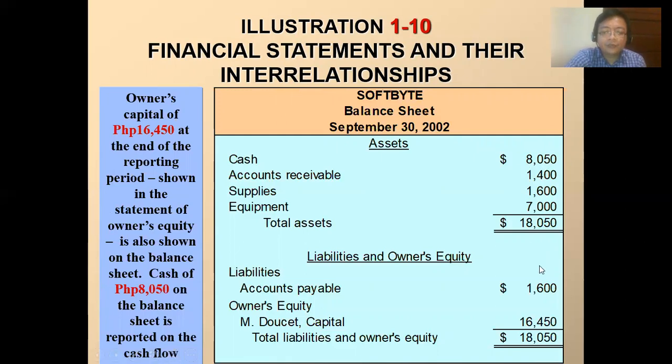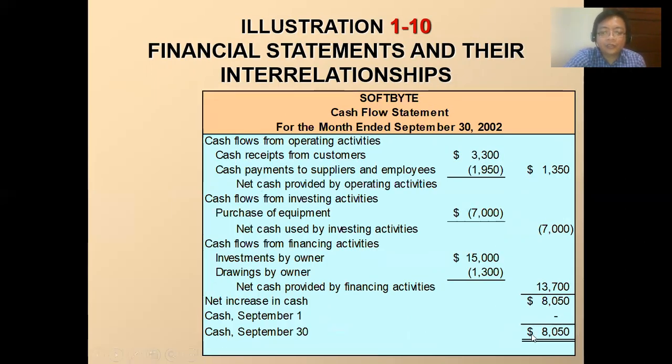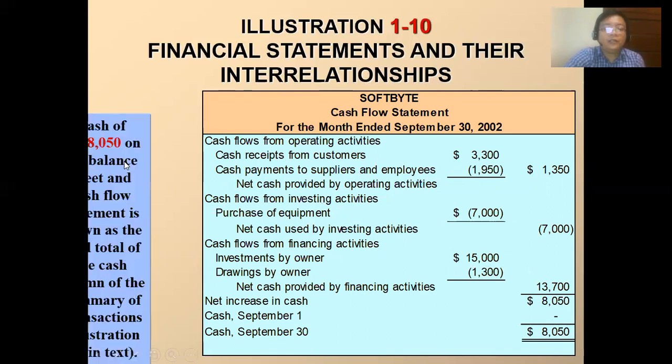The 8,050 and also the 8,050 here. All right. So in the cash flow, you have cash flow from operating, cash flow from investing, and cash flow from financing. So you minus 1,950 here, you minus 7,000 here, and you minus 1,300. So all in all, 8,050. Don't worry, I will discuss this further in the next seminar. All right.